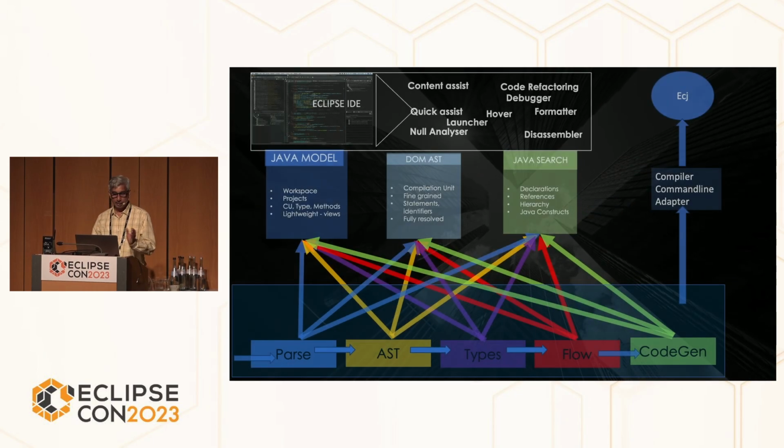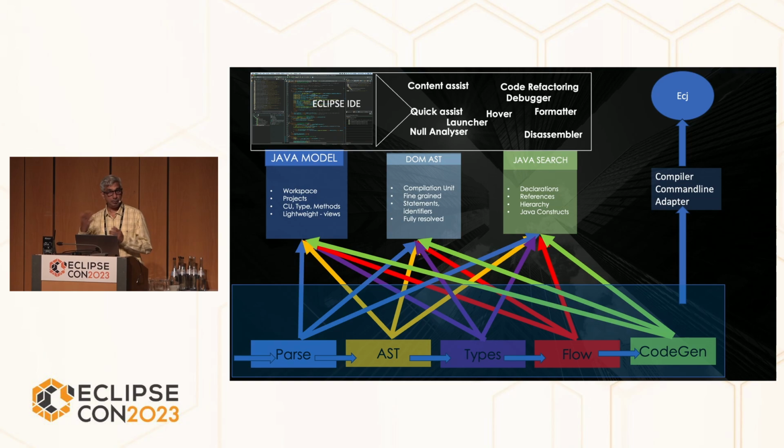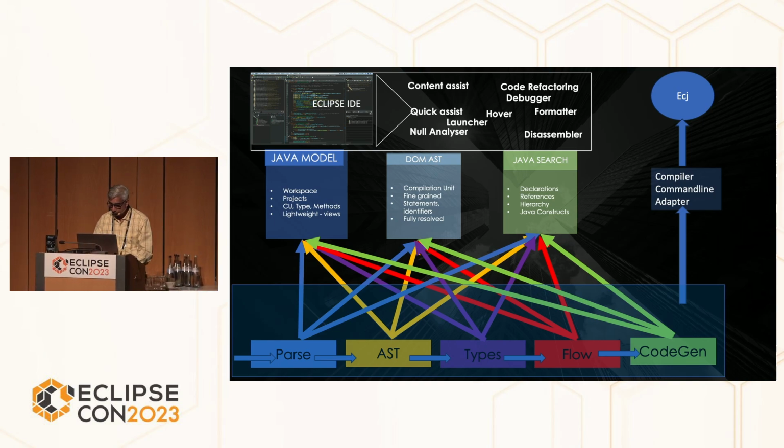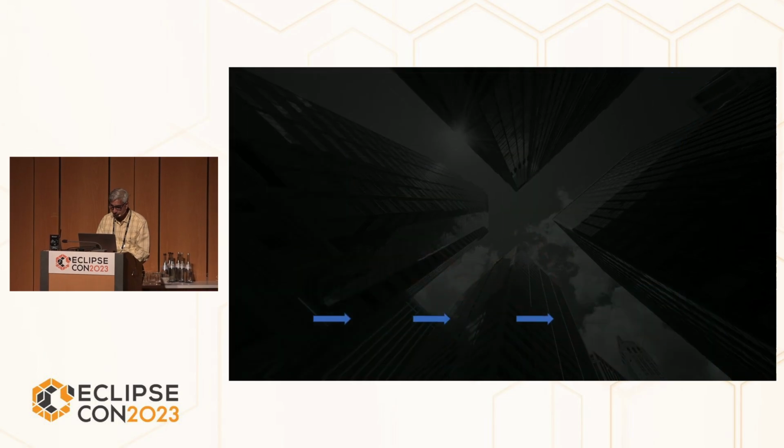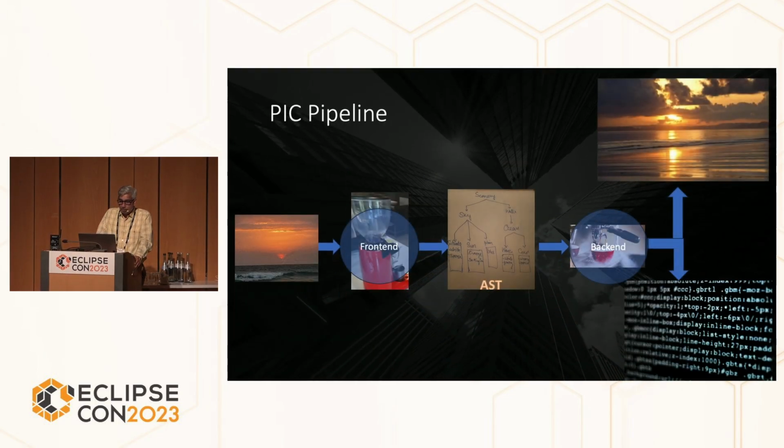Then you have the Java element view or Java model view. All of these things would consume some of these and give you that particular feature. From the last slide's point of view, I think I missed one thing before. If you think about the pie, the image, we talked about generation of the code, which is the bottom part.